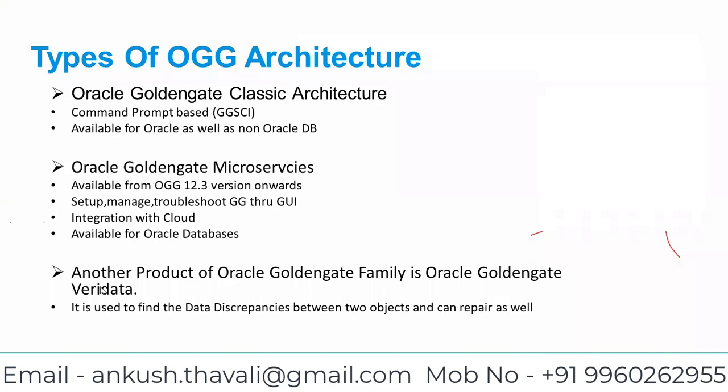So there is a discrepancy of 1,000 records, right? What Veridata can do for you is identify the discrepant records, that is those missing 1,000 records, and it can repair those discrepancies as well for you.